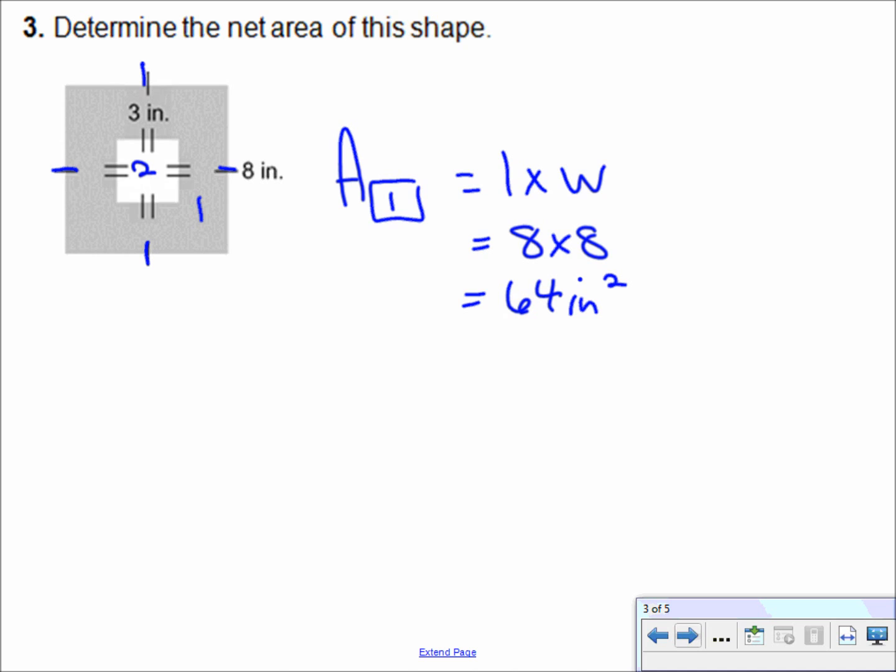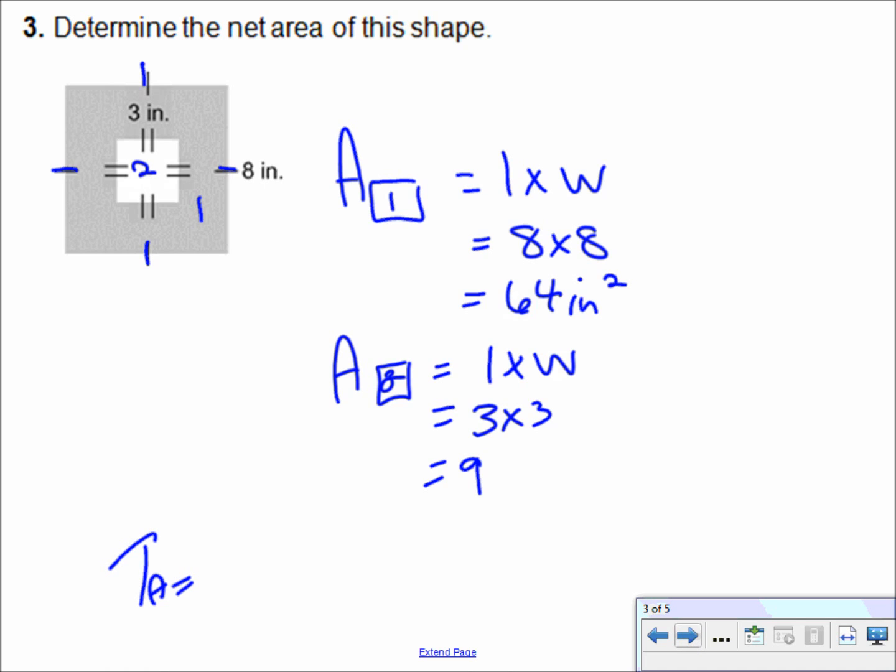Okay? Area of rectangle 2, or now we know it to be a square, is length times width, which is 3 times 3, which is 9. Now, because we're doing the net area, total area is equal to area of rectangle 1 minus area of rectangle 2.